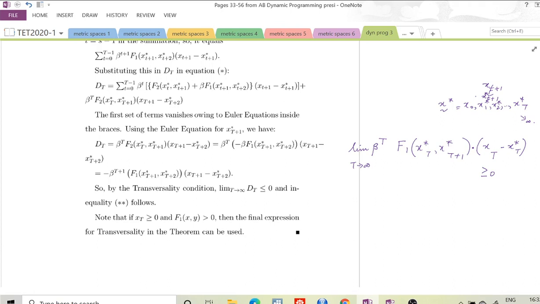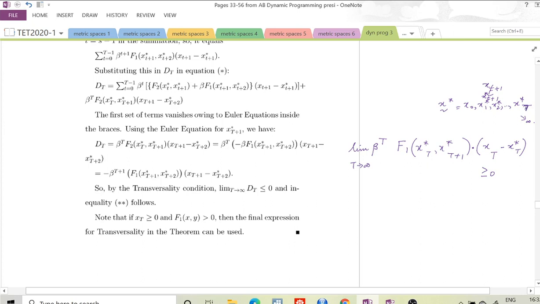The Euler equation is saying that, if I play around with the xt plus 1, I'm not going to get any local benefit either this period or next period, right? The sum of those benefits is equal to 0, right? So then what can I do to get any benefit? So possibly I can do something at the horizon t, right?